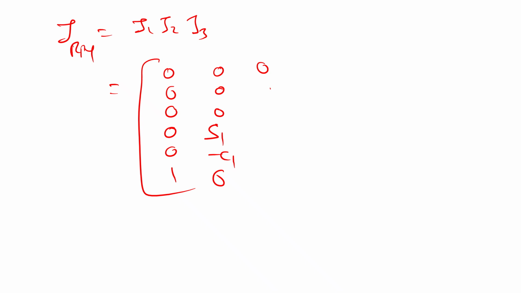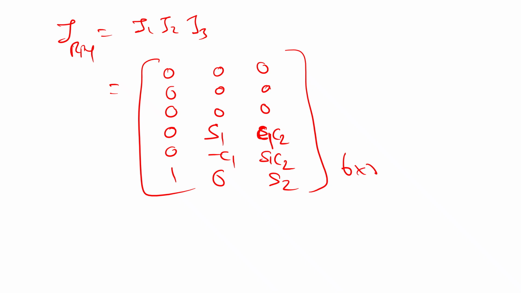And the next one is 0, 0, 0, S1 C2, C1 C2, S1 C2, and then S2. So what is the order of the Jacobian? 6 cross n. Here the degree of freedom is 3, so this is 6 cross 3. In this way, we have to find out the Jacobian.